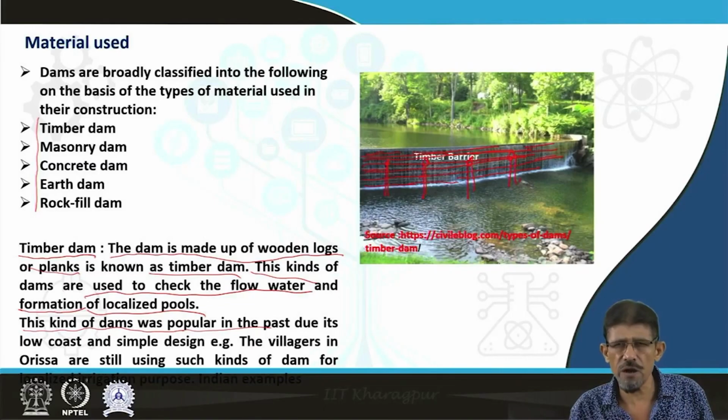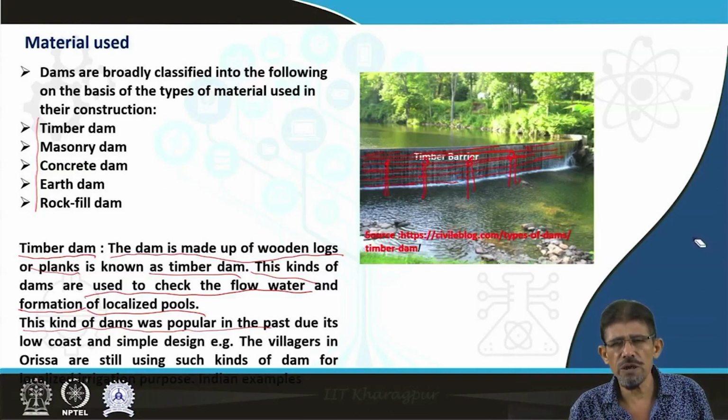What is the major drawback of this type of dam? This type of dam has a limited life span and requires proper maintenance and time-to-time repair and replacement of wooden logs and planks.